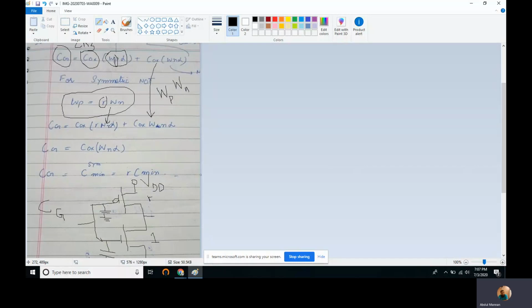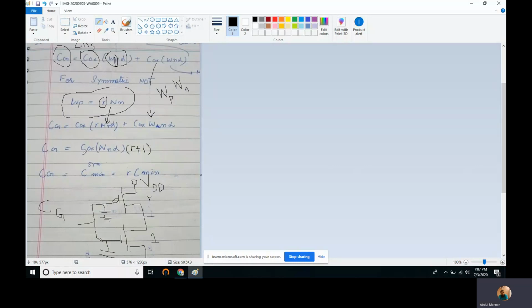And then we can take WN times L common, and this is C oxide WNL, and there should also be a term that is missing. We have taken C oxide, WN and L common, so the thing that is left behind is R plus 1, which Uzair forgot to write here, R plus 1.